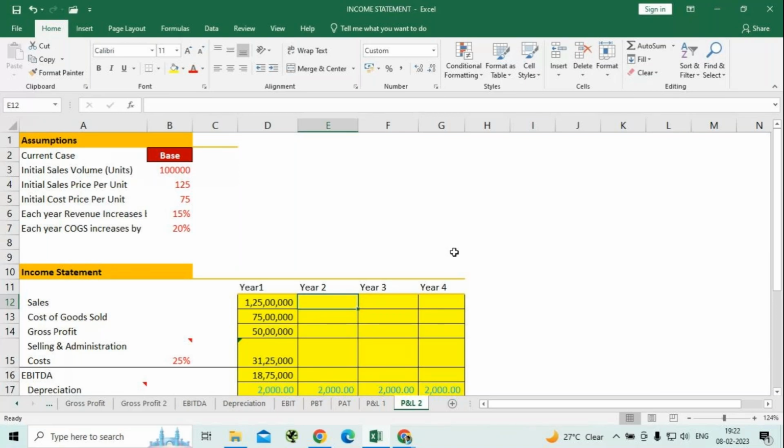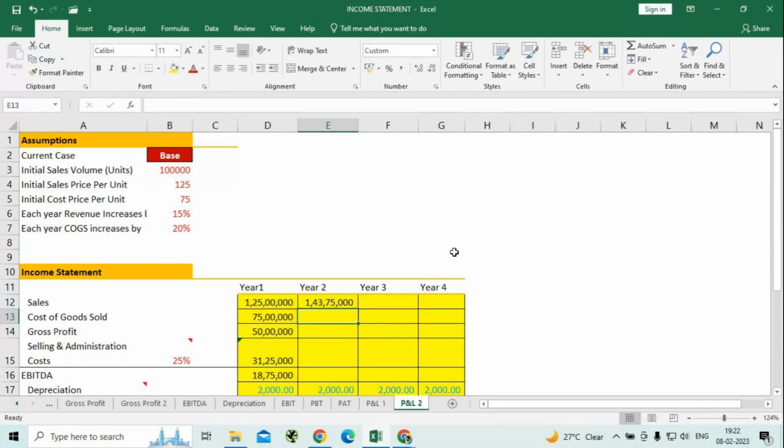So it will be year 1 sales into 15% plus the year 1 value.